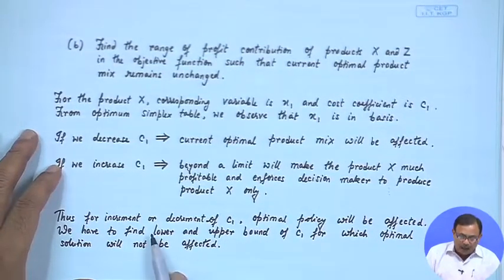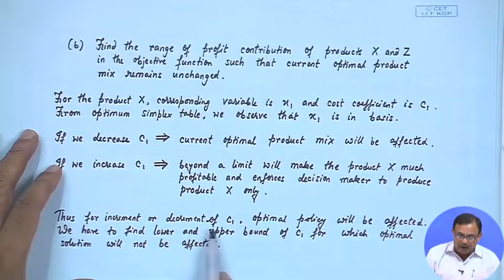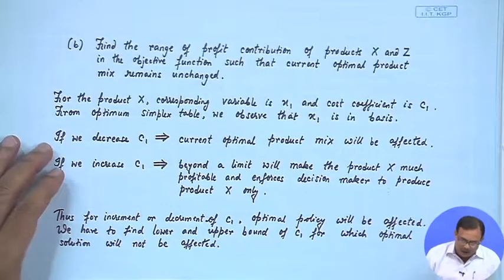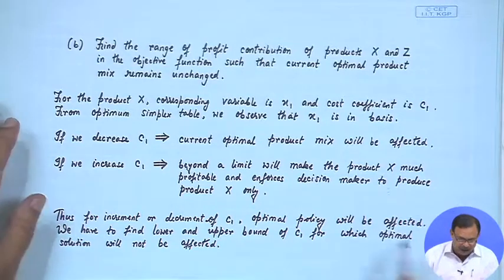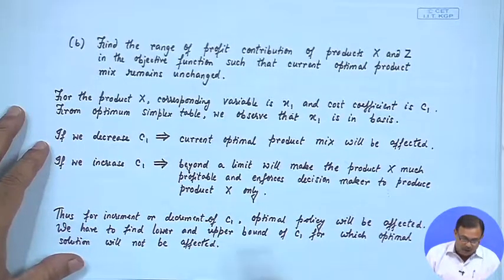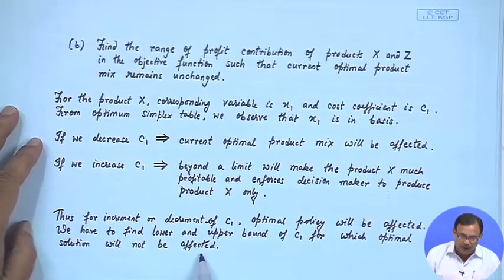Thus, for increment or decrement of C1, optimal policy will be affected. We have to find the lower and upper bound of C1 for which optimal solution will not be affected.